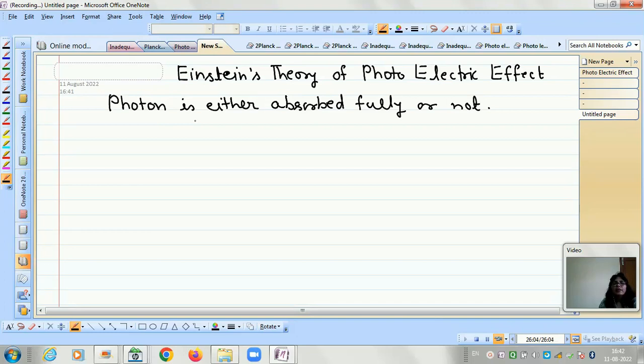It means that once the photon is absorbed, then the whole energy of the photon is transferred to the photoelectron, and then there is no existence of the photon. Photon will come to an end. So after absorption, there will be no energy left in the photon, and all the energy of the photon is transferred to the photoelectron. So this is the theory that there is complete transfer of the energy of the photon.